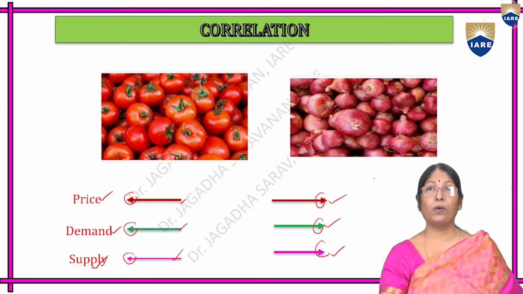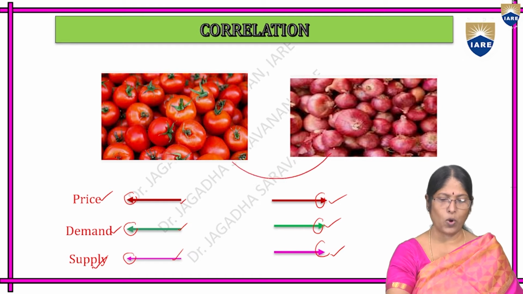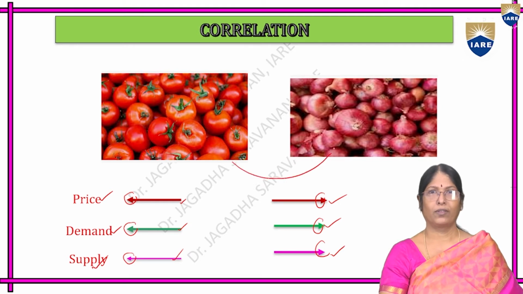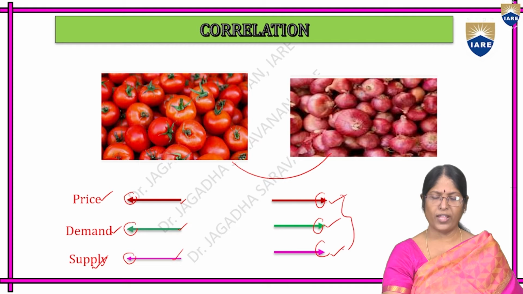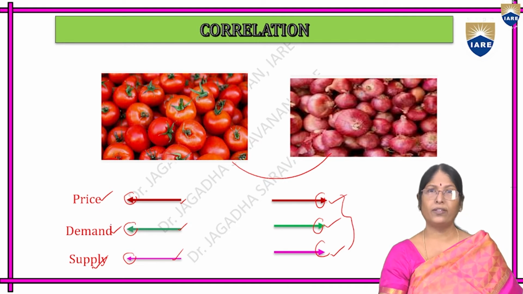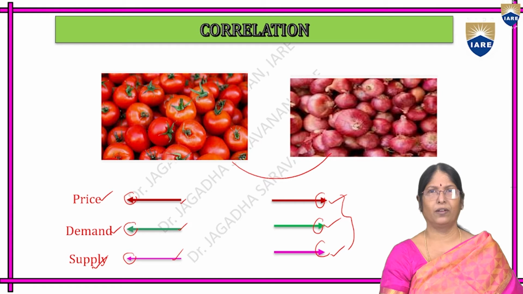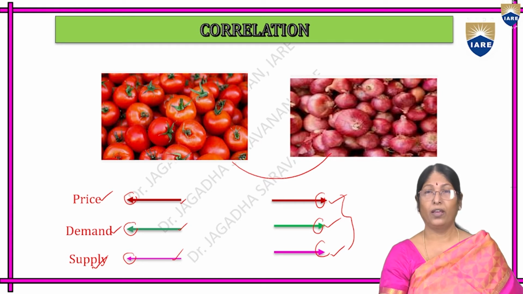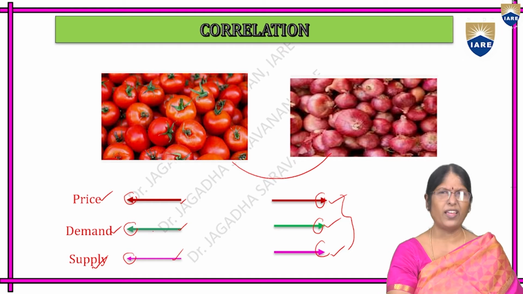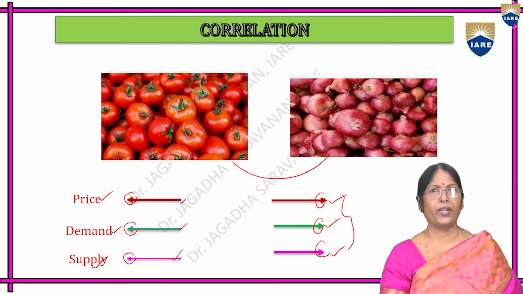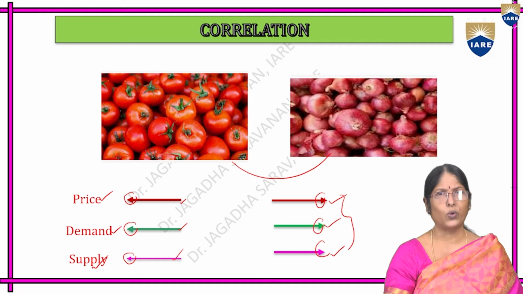Automatically, we have to pay more money to buy the tomatoes. The same thing for the onion also. So everything is increasing. Demand is increasing, supply is increasing, and price is also increasing. Everything increases in one direction. In case the demand is very less, supply is also very less, and price is also very less.